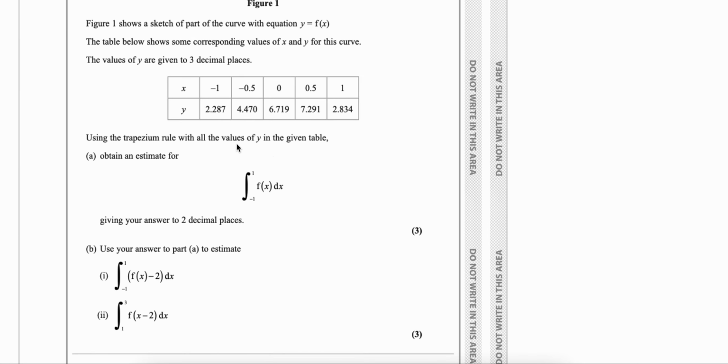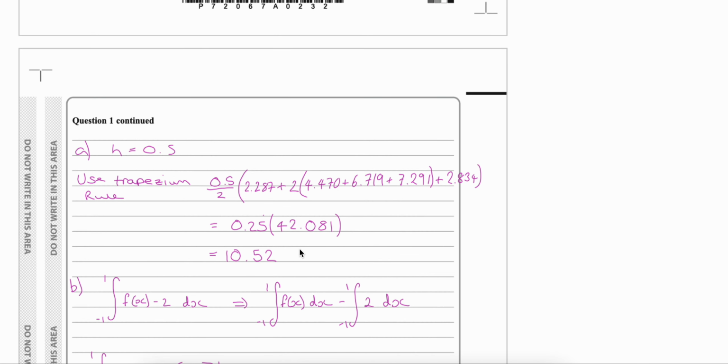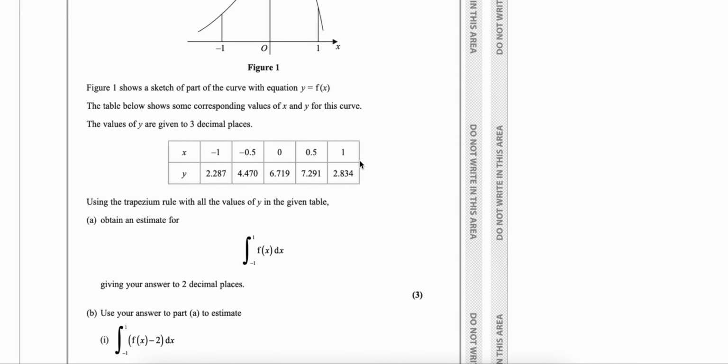So the first value of 2.287, the final value of 2.834, and then you double the sum of the middle three values here. And that should give you a quite straightforward 10.52. If you made the error of trying to calculate it any other way, you would not get any marks for this question. It specifically asks for the trapezium rule.